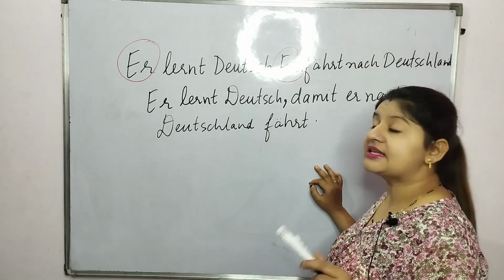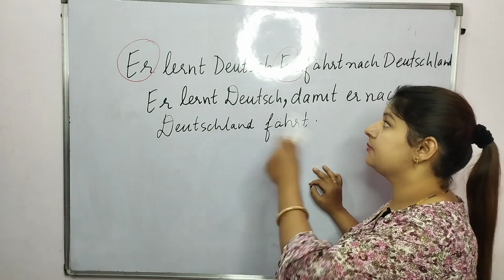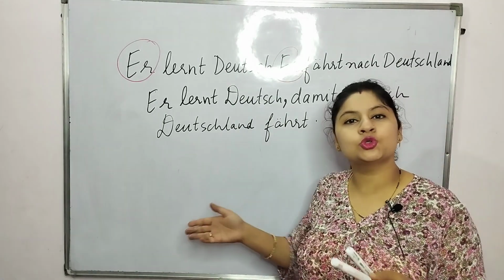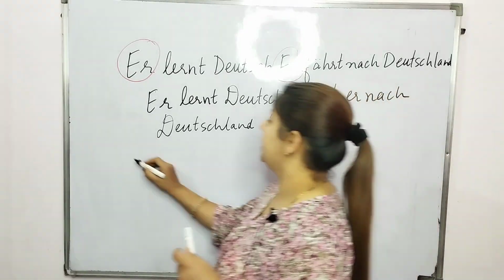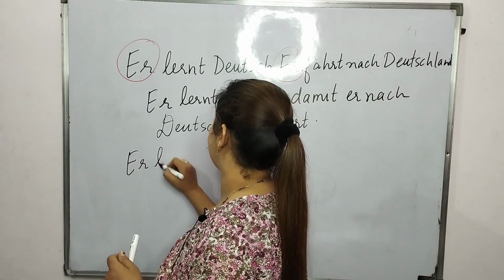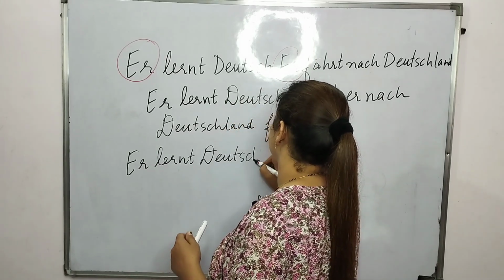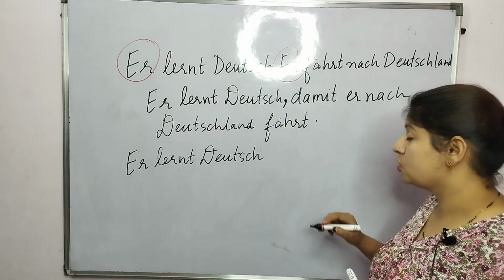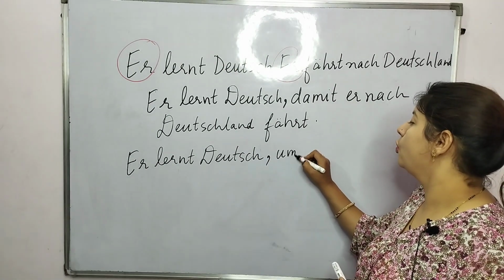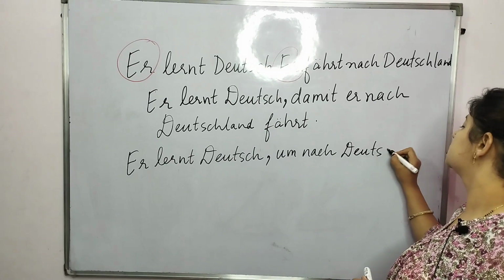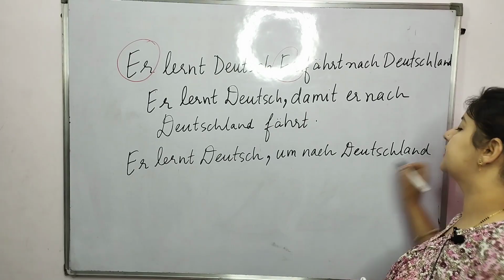As I said, the subject is the same in both the sentences, so we can also use um zu. Lernt Deutsch, nach Deutschland zu fahren.